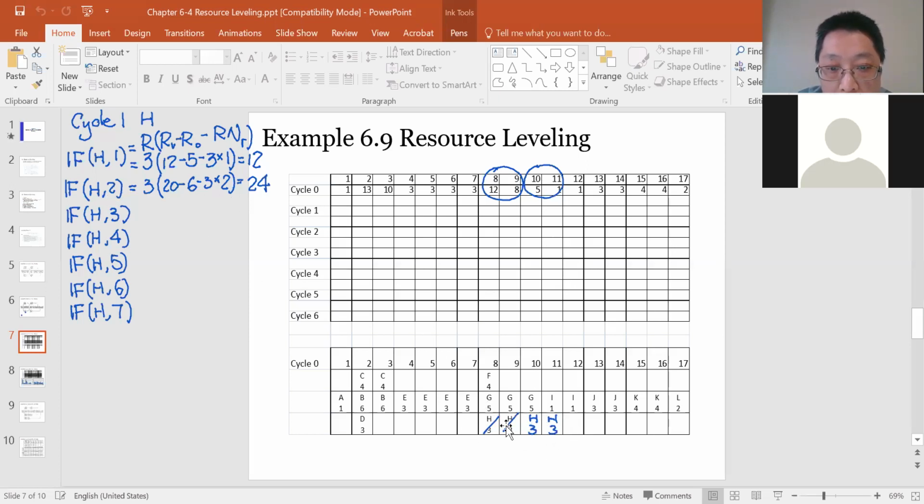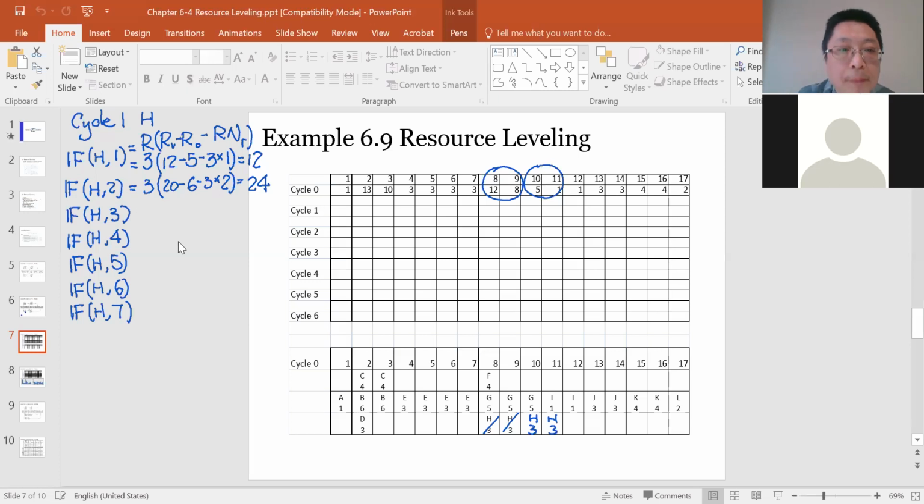So vacated will be 8 and 9, occupy 10 and 11. So RV is this 12 plus 8. That's RV, 12 plus 8. RO is occupied, which is the 5 plus 1. That's RO. This is RV.